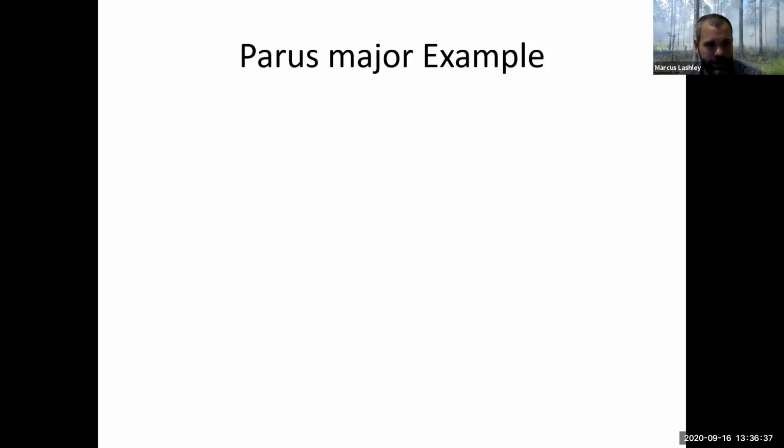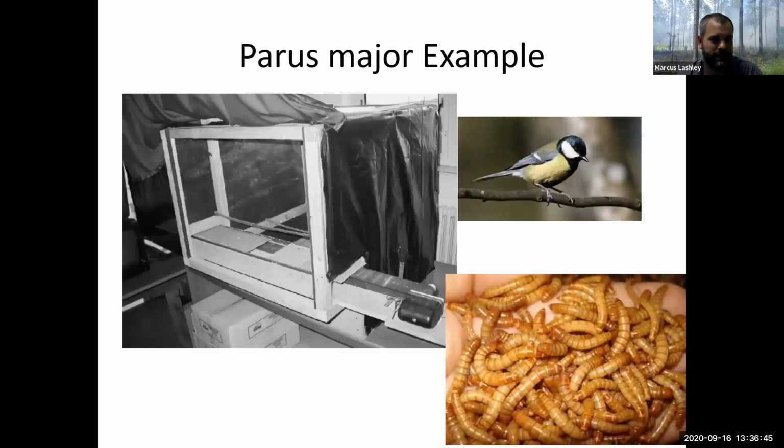There have been some really awesome experiments to show some of the issues with this model. One of them is with this bird species. It's been pretty widely studied, but what they were trying to show is, okay, we've got these profitable prey and less profitable prey, and they're trying to see how this bird could discriminate between the two.